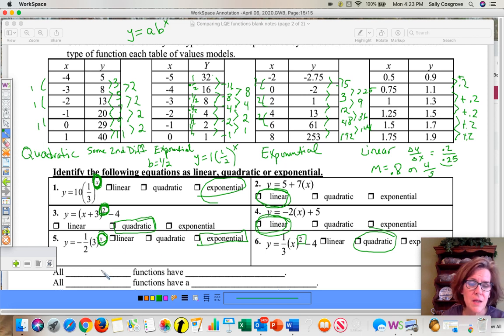All right, so let's try to come up with something here. We've got some "all" statements down here, and mine's a little bit covered up. Let's see, all linear functions have what? From the table, they've got a constant rate of change.